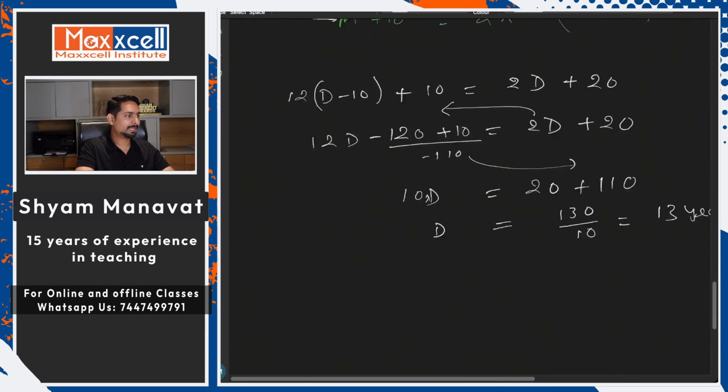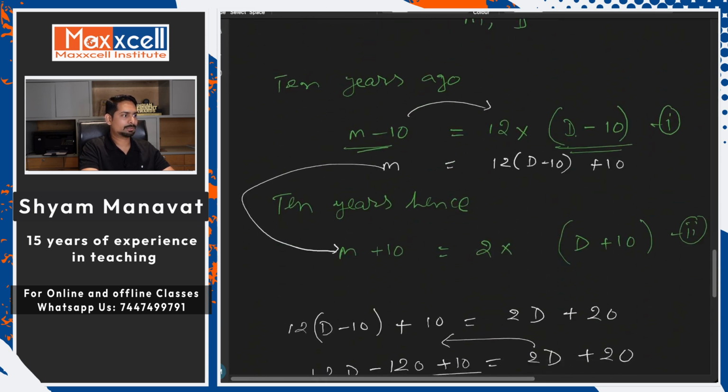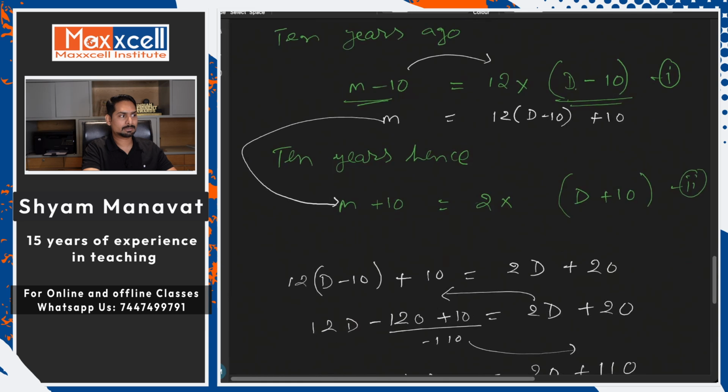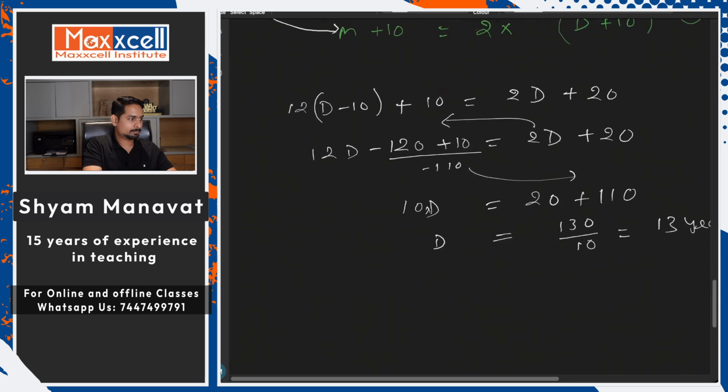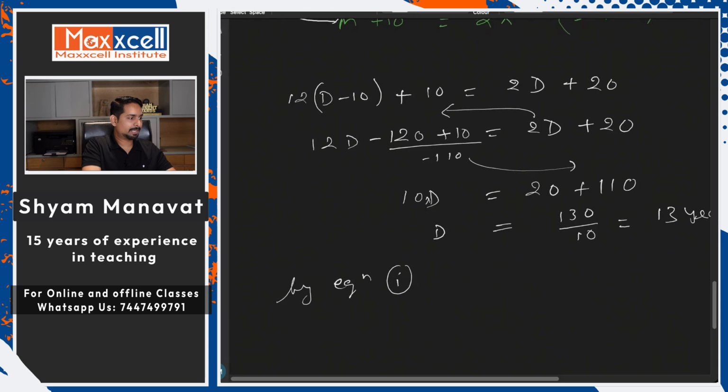Now if you want to find mother's age at present, you can use either one of the equation number 1 or 2. You can use this one also, which is simplified, M equal to this. You want to use it? Let's do it. By equation number 1, I have M equal to 12 into D minus 10 plus 10, D I substitute as 13 from here. What do I have?